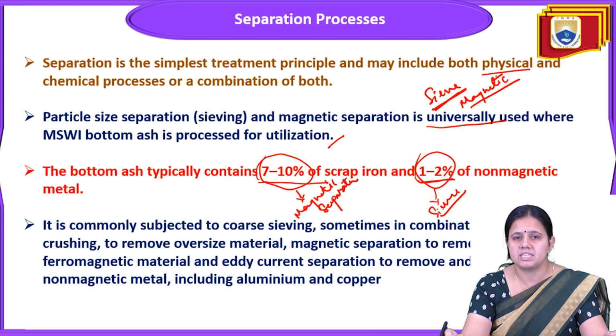Coarse size particles are combined with crushing to remove the oversized particles. Magnetic separation removes and recovers the magnetic material, and eddy current separation removes and recovers non-magnetic metals like aluminum and copper.